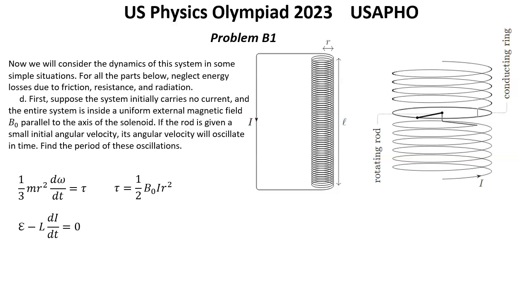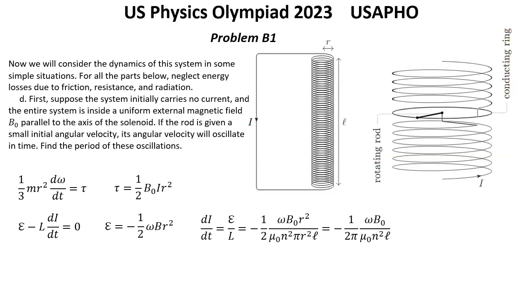Using the expression for EMF, we have EMF equals negative 1/2 omega B r squared. It means that dI over dt equals EMF over inductance L, which is after all this expression. From the first two, we have delta omega over delta t equals 3 over 2 B0 over m I.